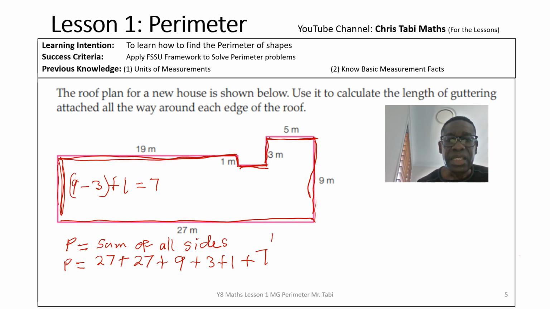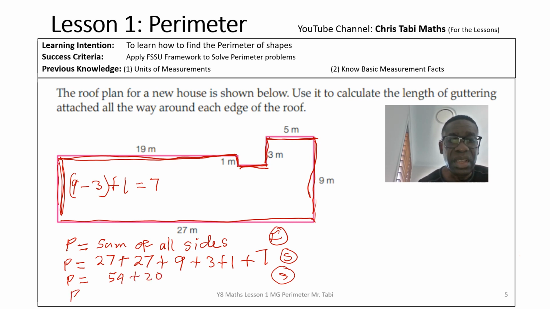So remember, that's our formula. That's our substitution. We need to simplify. 27 plus 27 will give us 54. 9 plus 1 will give us 10. 3 plus 7 will also give us 10, so plus 20.